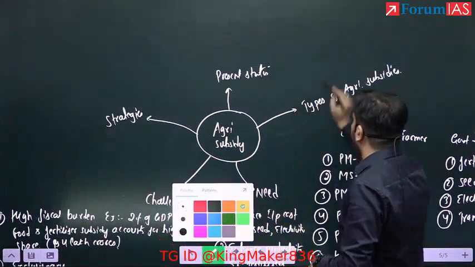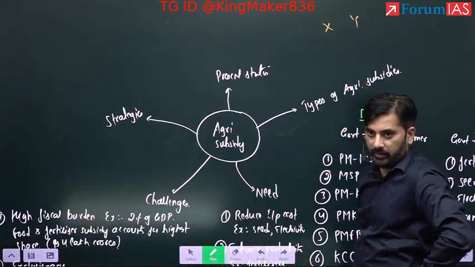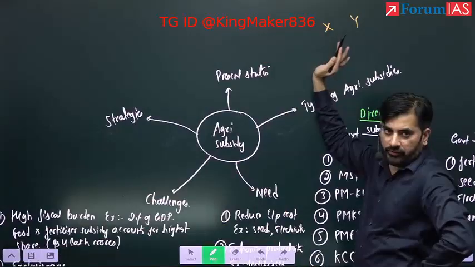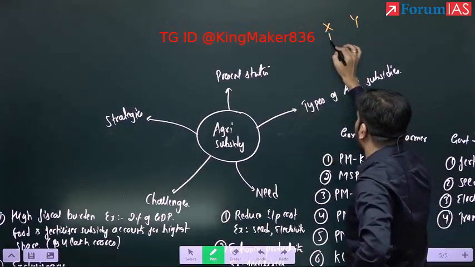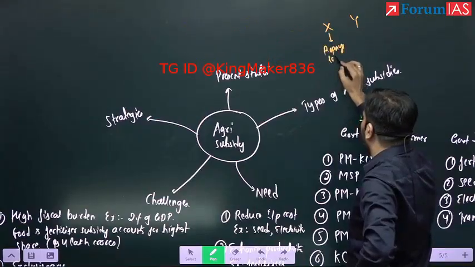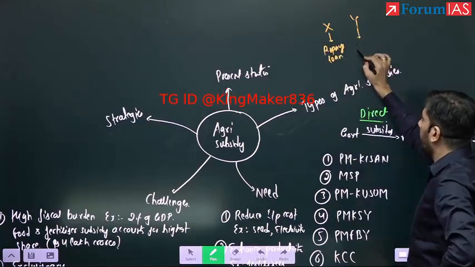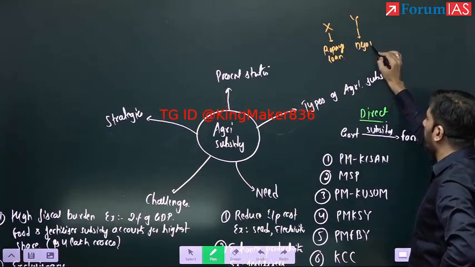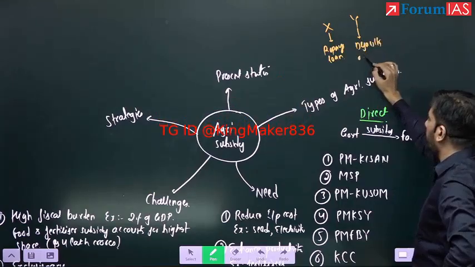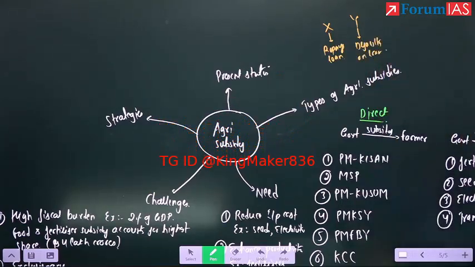Let's say there is a farmer X and farmer Y. Both have taken loans. And this farmer X repays the loans on time. Farmer Y defaults on loan. He does not pay the loan. Government will announce a farm loan waiver. Government will say if you have defaulted on loan, I will pay your loan.